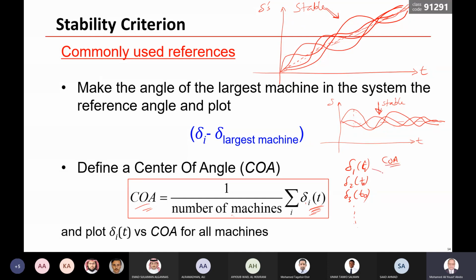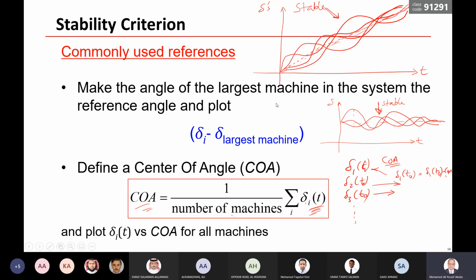Then you can redefine delta 1 of t0 equal to delta 1 of t0 minus the center of angle. You subtract the center of angle from all these angles.